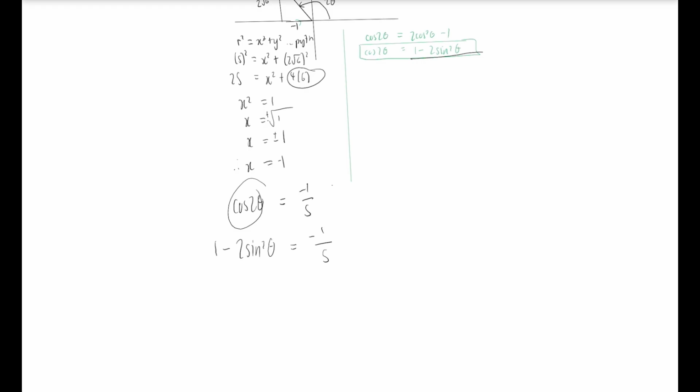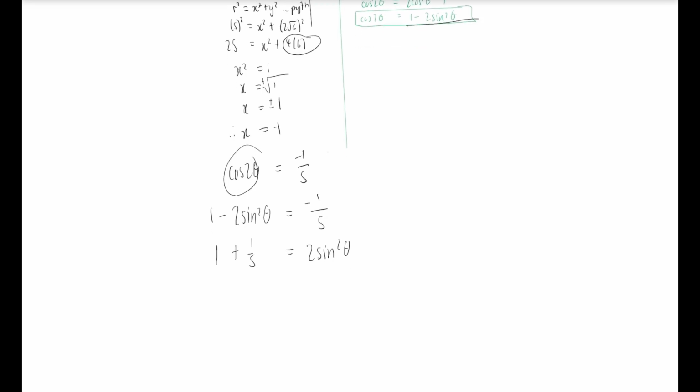We take 1/5 to this side, and we take -2 sine squared theta to the other side. Over here, we're going to get 6/5, then you're going to get 2 sine squared theta. We multiply by 1/2 on both sides. Then we get sine squared theta is equal to 3/5, right?